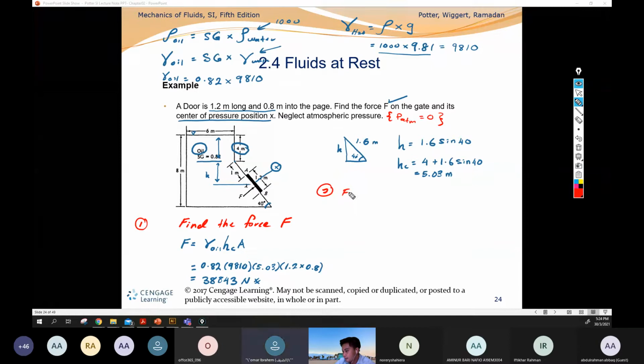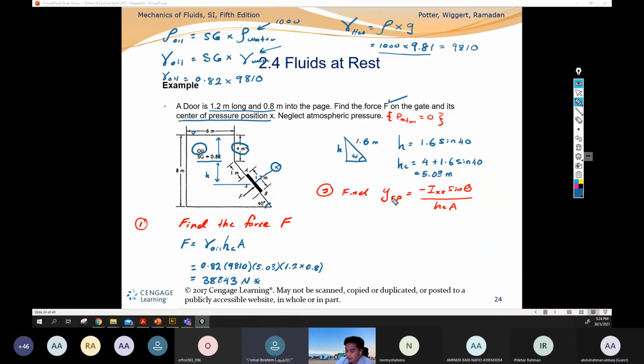Secondly, find YCP. So what's the formula of YCP? Negative IXX sine theta over HC times area. Okay.